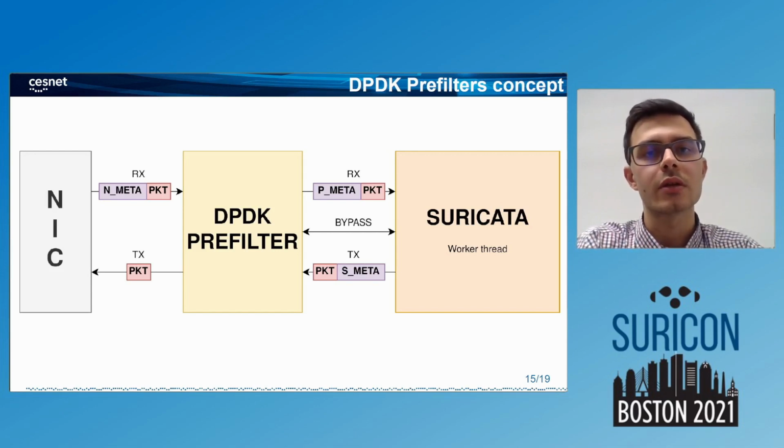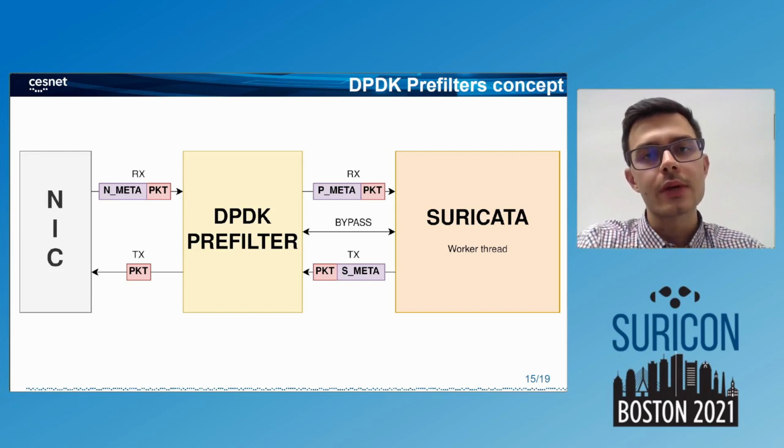That meta information is basically generated and processed by the NIC, and the prefilter can look at this meta information from the NIC, process it even more, or maybe pre-filter it, and append prefilter meta information to the packet before it is sent to Suricata.